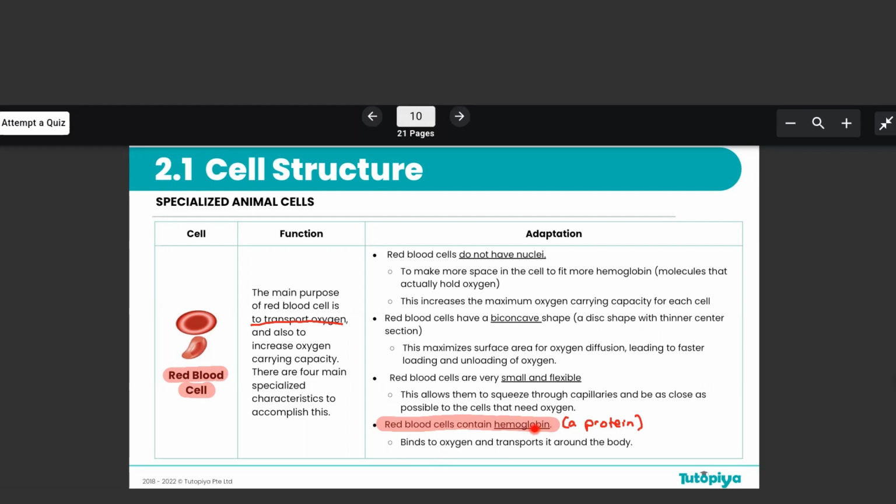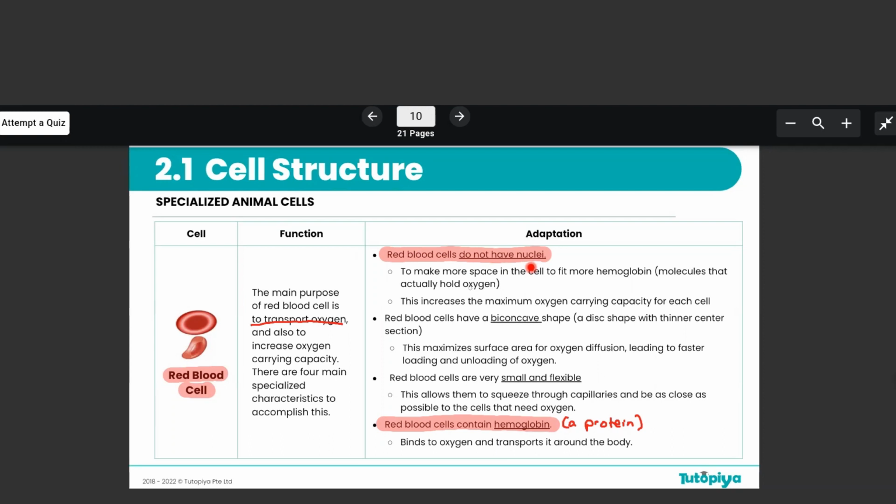The next important feature of red blood cells is the fact that red blood cells do not have nuclei. Now, this is something very different to other animal cells, right? Like the typical animal cell would have a nucleus. But red blood cells, for some reason, do not have nuclei. And why is this the case?